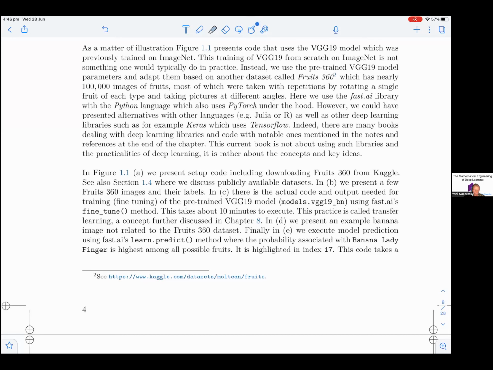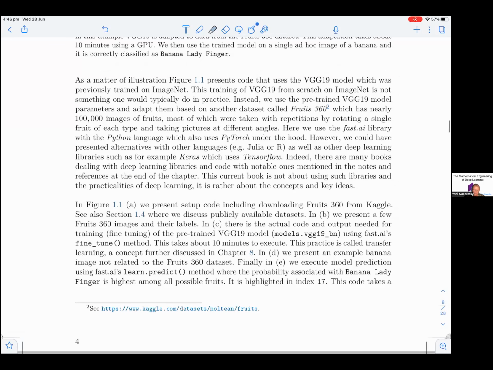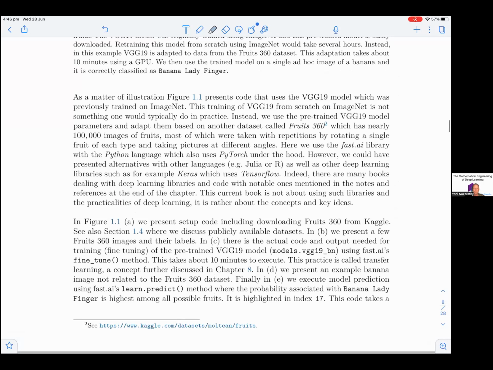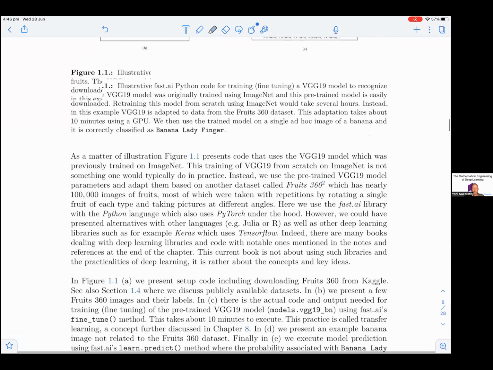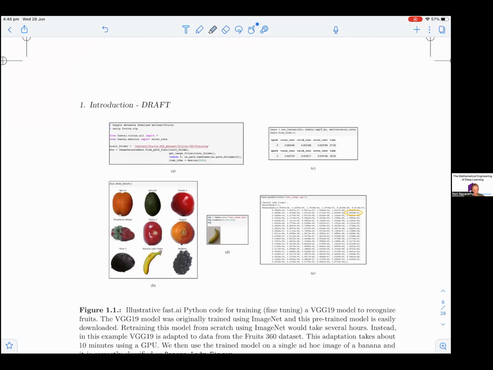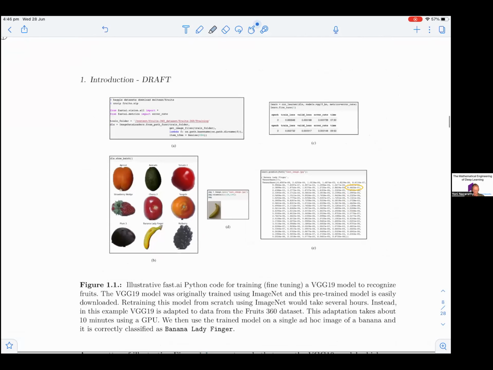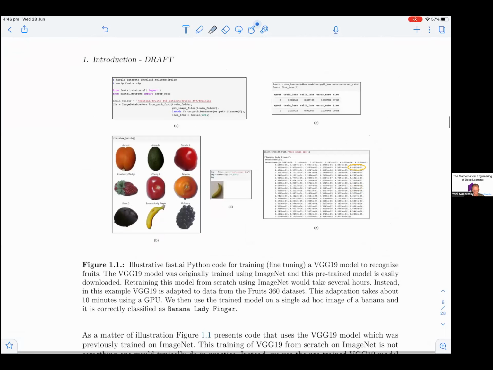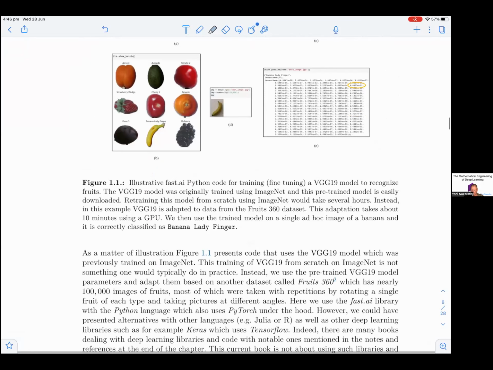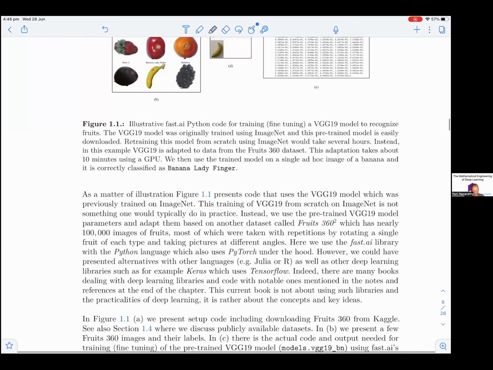In Figure 1.1a, we present setup code, including downloading Fruits 360 from Kaggle.